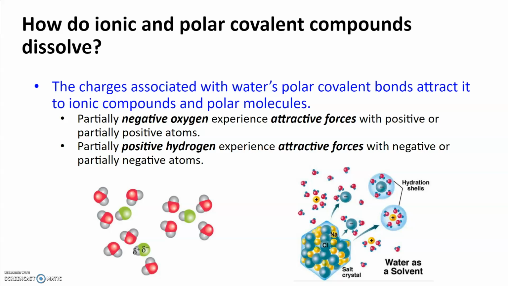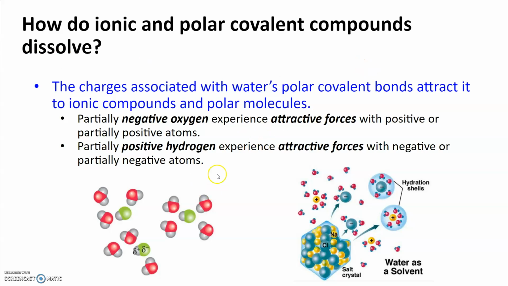So the charges associated with water's polar covalent bonds attract it to ionic compounds and polar molecules. We know that the oxygen side of water is a little bit negative, and so it attracts things that are positive or a little bit positive. And the hydrogen side of water is a little bit positive, and so it attracts things that are negative or a little bit negative. So they're really all just acting like magnets.